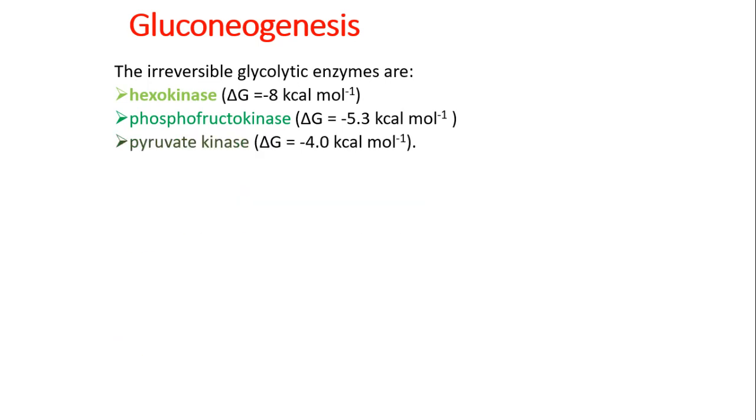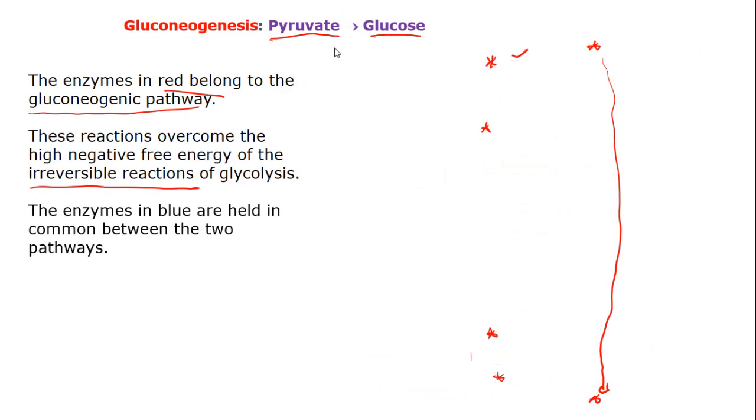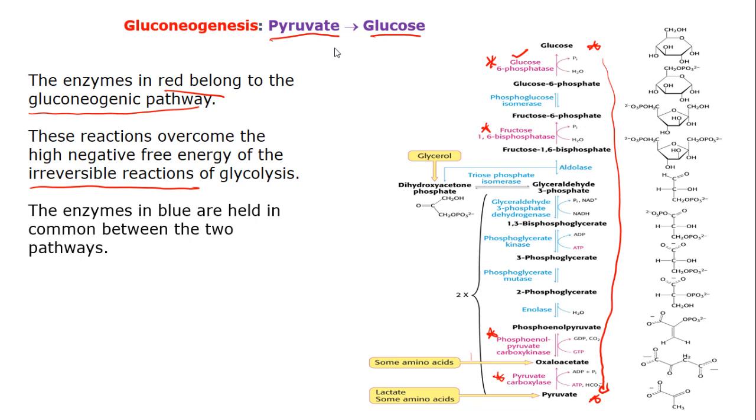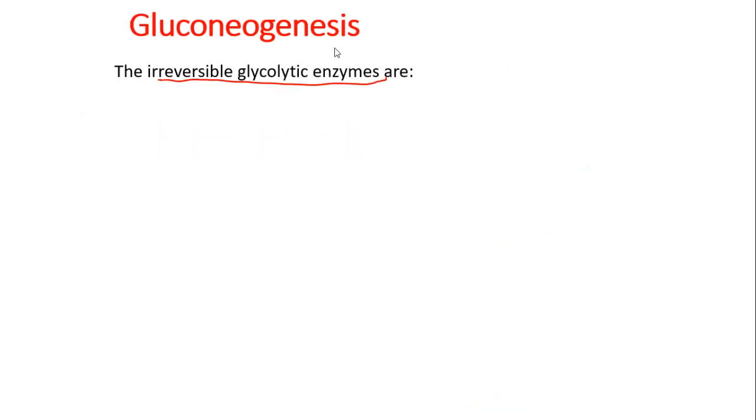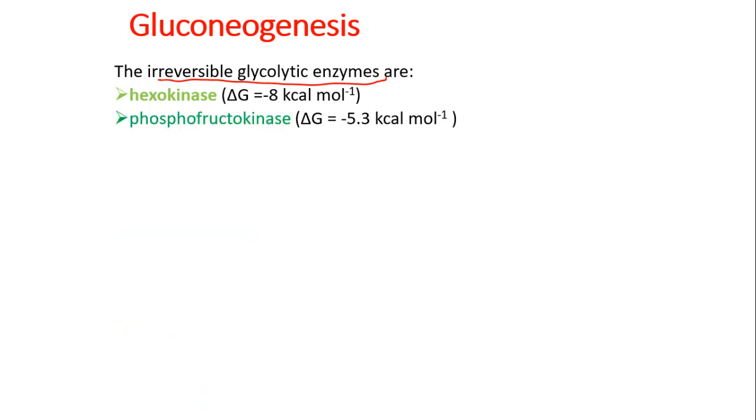So these three enzymes are irreversible glycolytic enzymes. The irreversible glycolytic enzymes are the ones which I have just simply given here. One, hexokinase; two, phosphofructokinase; three, pyruvate kinase. So you might be asked to state which enzymes are irreversible.